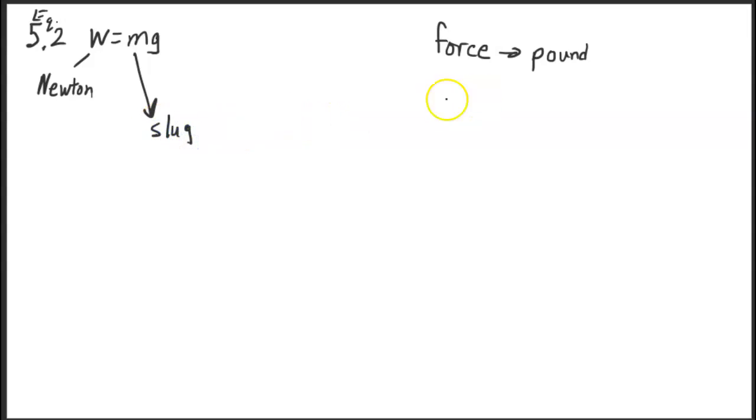Let me get Newton off the board here because we're talking English units now. So the slug is the standard English unit for mass. The standard English unit for displacement is obviously the foot. So the standard English unit for force is slug times displacement, right?